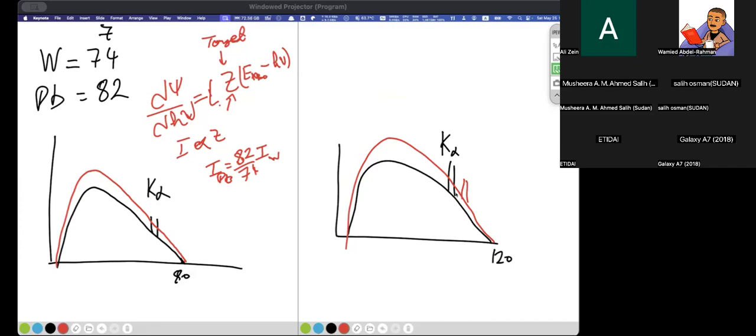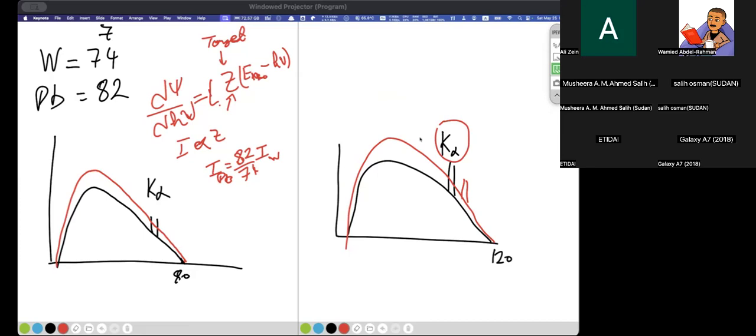So if this is 88 minus 15, this will be roughly around 77. Here, these are at 59 to 60. So this is for tungsten, because the binding energy for tungsten is 74.